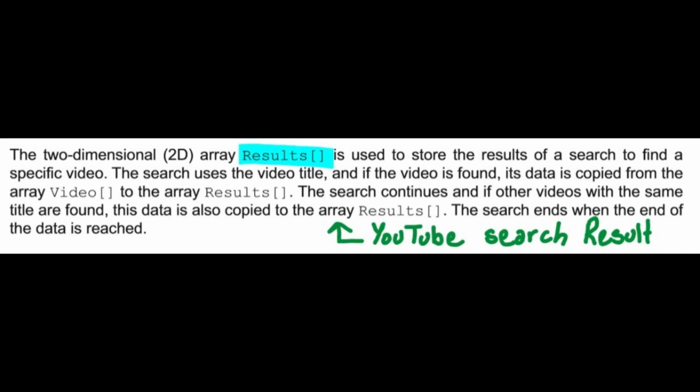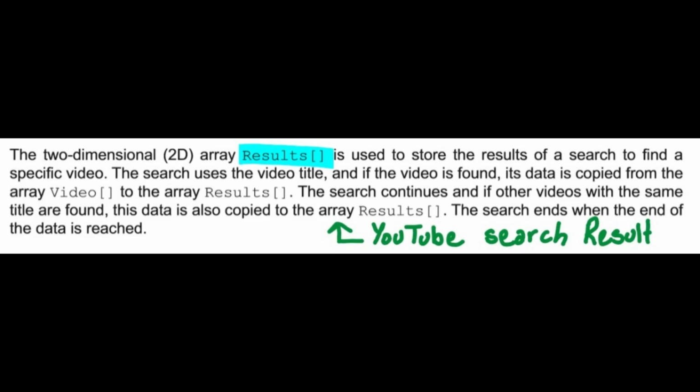Let's read on. The two-dimensional array results is used to store the result of a search to find a specific video. The search uses the video title, and if the video is found, its data is copied from the array video to the array results. The search continues, and if other videos with the same title are found, this data is also copied to the array results. The search ends when the end of the data is reached.